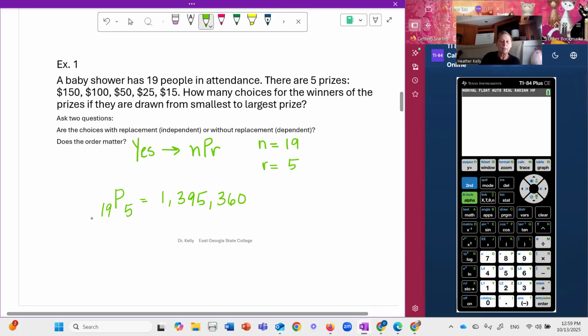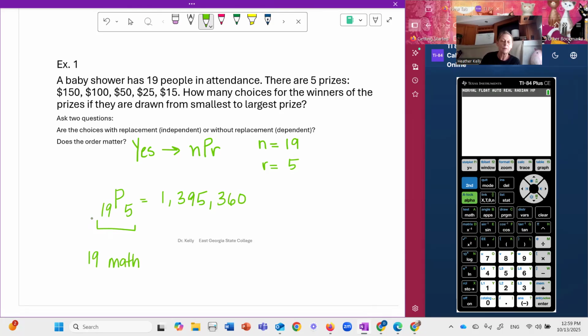Let me remind you how to put that in your calculator. After you've written it like this, you're going to want to put in the 19 and then you're going to say math and you're going to enter over 3 times to probability. And then you're going to go down twice to the nPr.